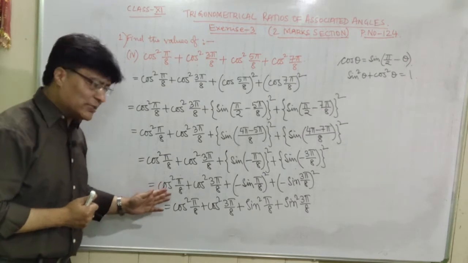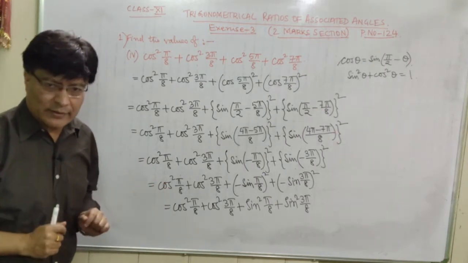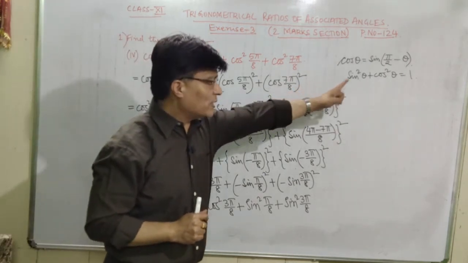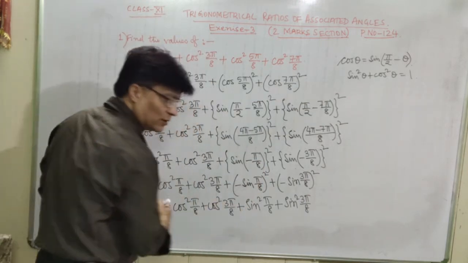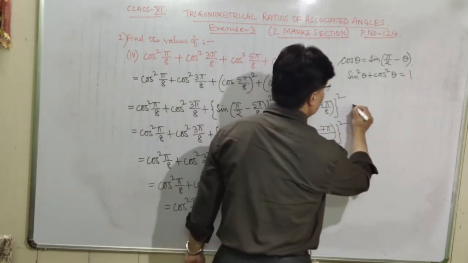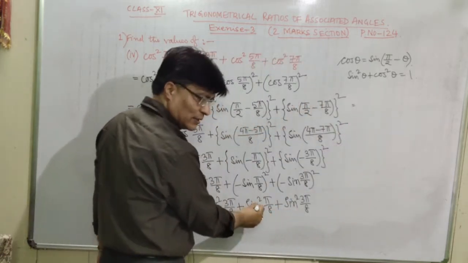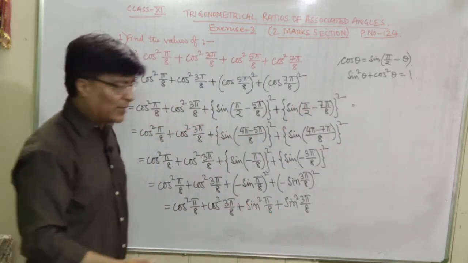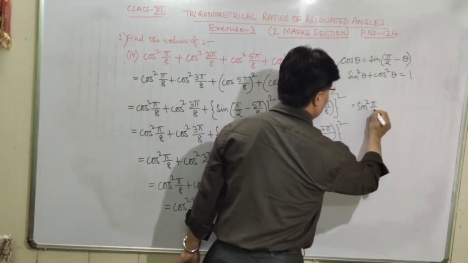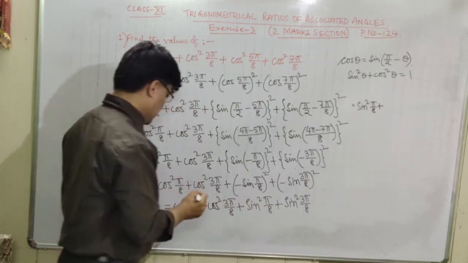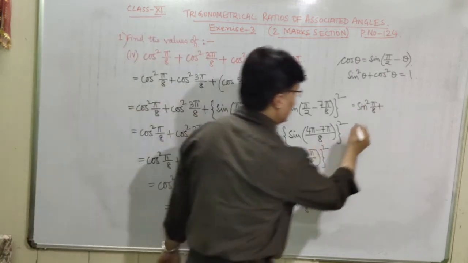So now in this case, you can take the terms with pair. Like, you know that sine square theta plus cos square theta is equal to 1. So here you can take the first term and the third term. What is the third term here? The third term is sine square pi by 8. So we can write here, sine square pi by 8 plus, next cos square pi by 8.